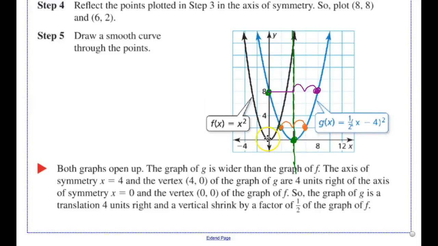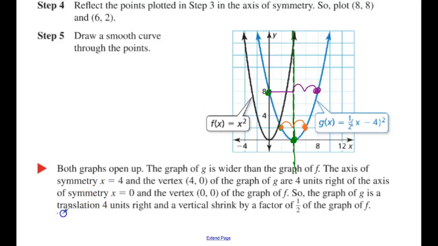My vertex went from being 0, 0 to 4, 0. So it's a vertical shrink by a factor of 1/2 and a translation 4 units right. This sentence right here is going to be huge when we're comparing graphs, and we always want to compare using mathematical terms.